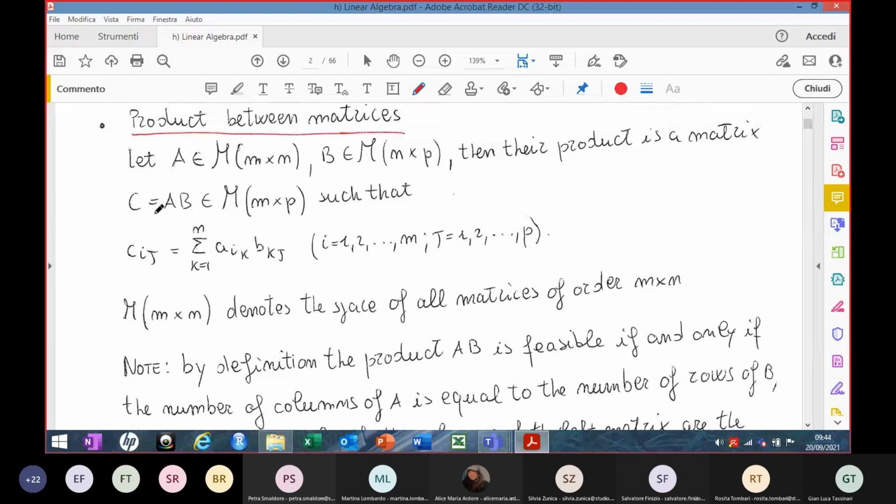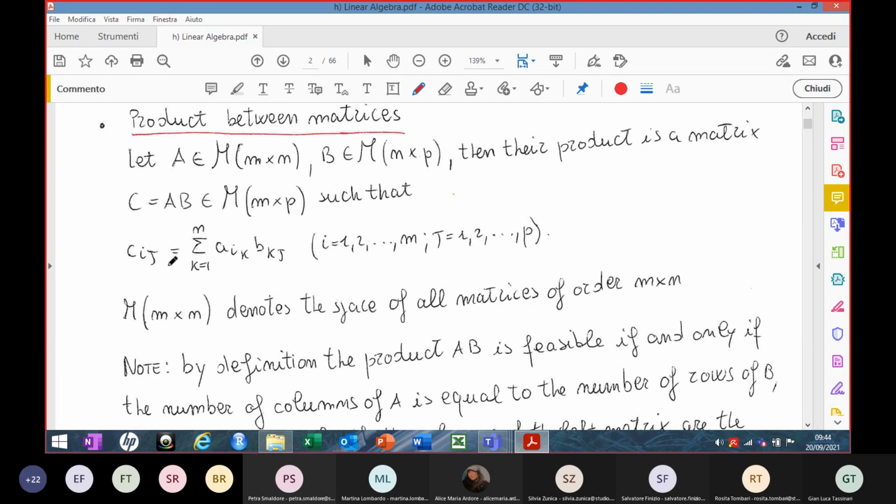Remember, I told you how to compute the product between matrices. The element Cij is given by this formula, but don't read it because it creates confusion.